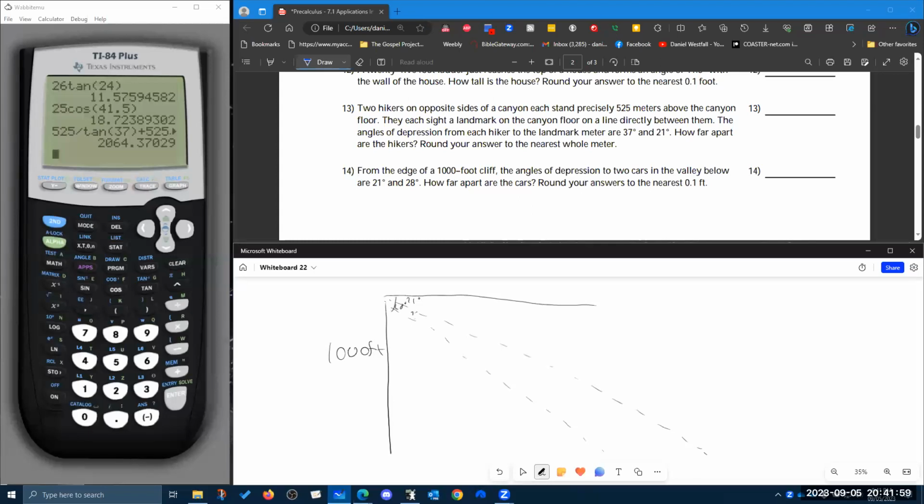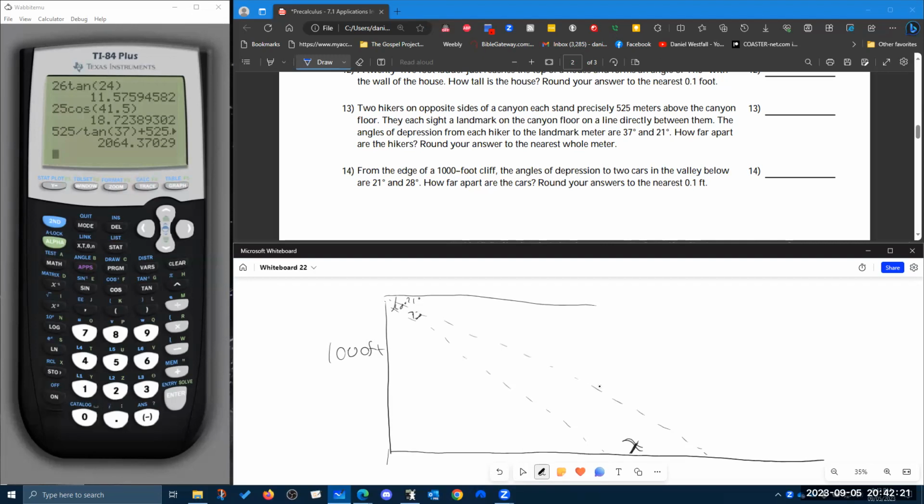So there's a 7-degree difference here. And I probably want to know what the difference is in how far apart the cars are. Yep, how far apart are the cars? So I want to know this distance here.